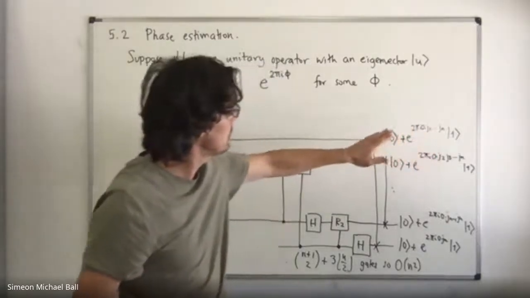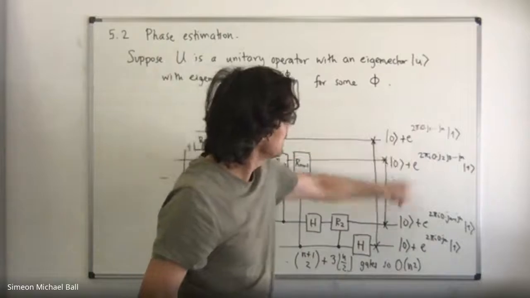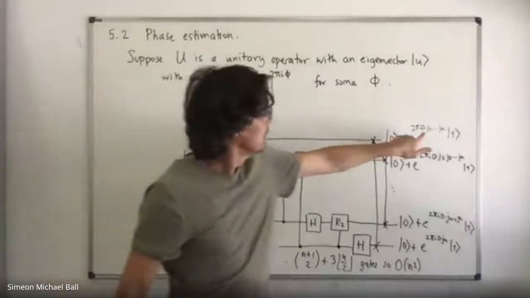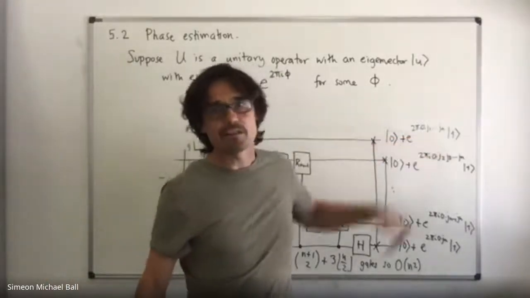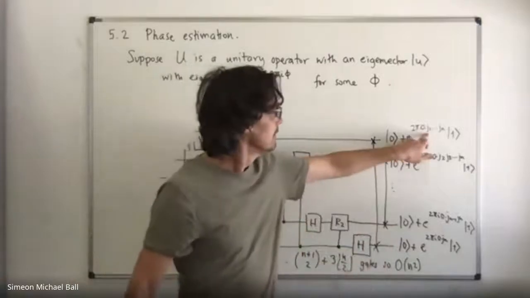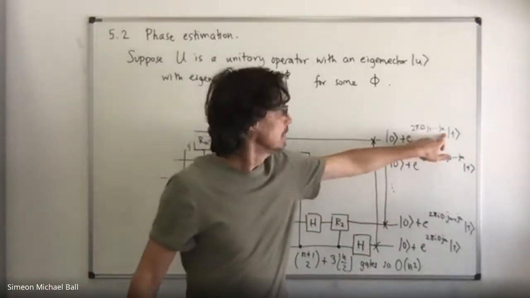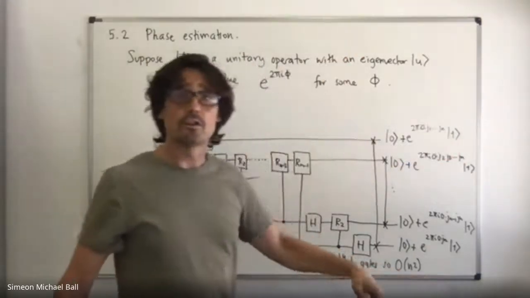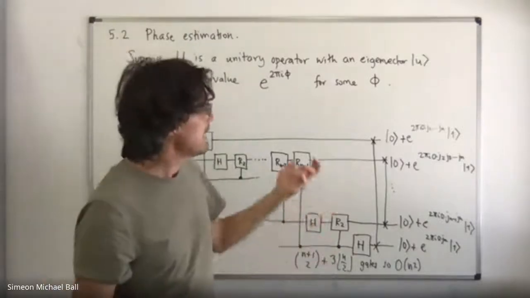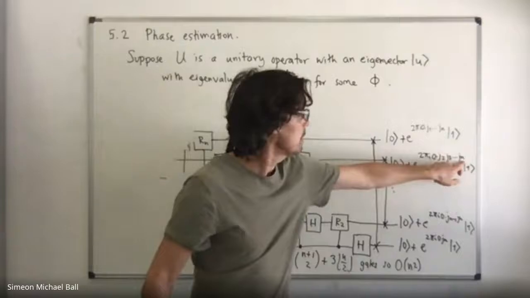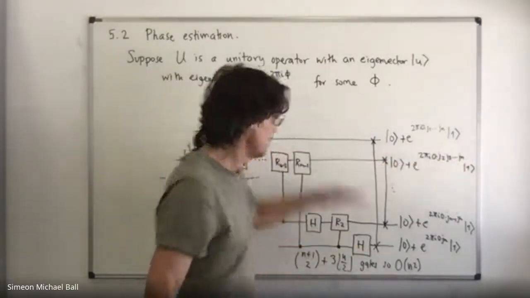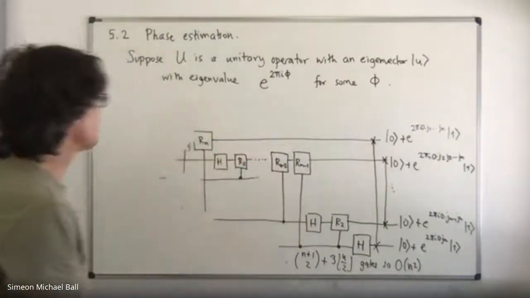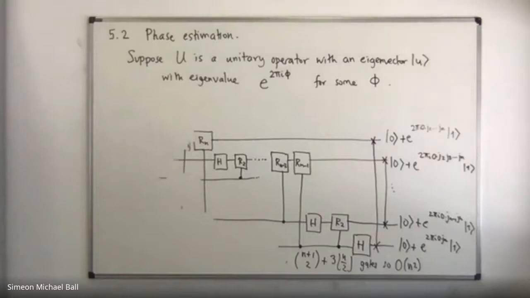So we want a circuit which, at the end of here, gives us the binary expansion for phi, so that we can then apply the inverse Fourier transform and get what will essentially be an estimate for phi, because here we can only go to a certain number of bits depending on how many wires we put down. So it will depend on how many wires we use as to the estimation for our phi.